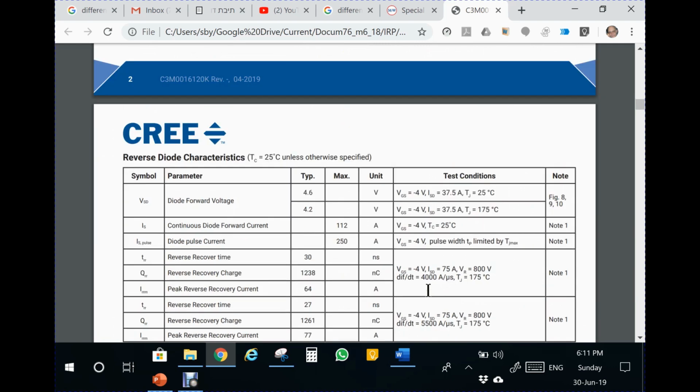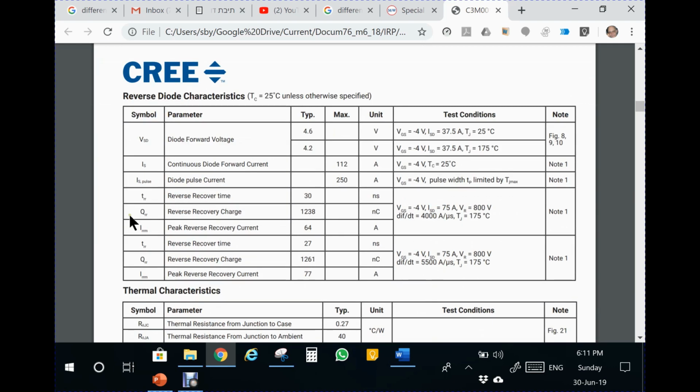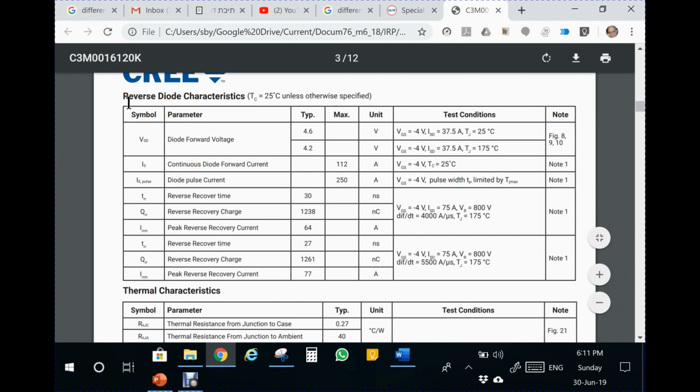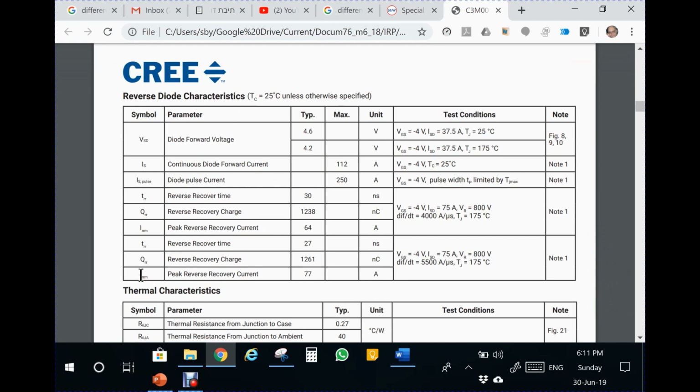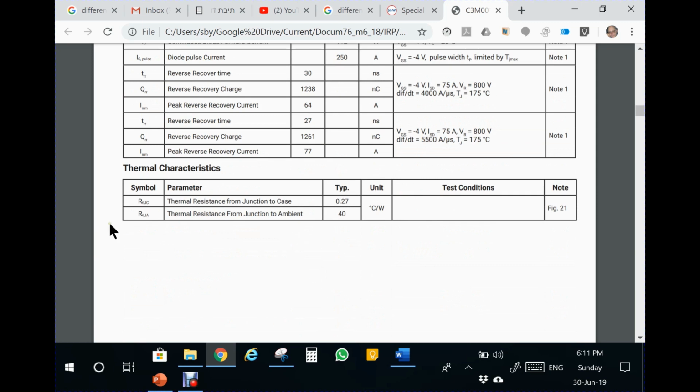Then we have more of the speeds like turn on, turn off, as well as in this case the diode characteristics of the device, like the stored charge, maximum current, etc. And then we have the thermal characteristics, primarily the thermal resistance between junction and case. This is this value here. I'll talk about it later on.